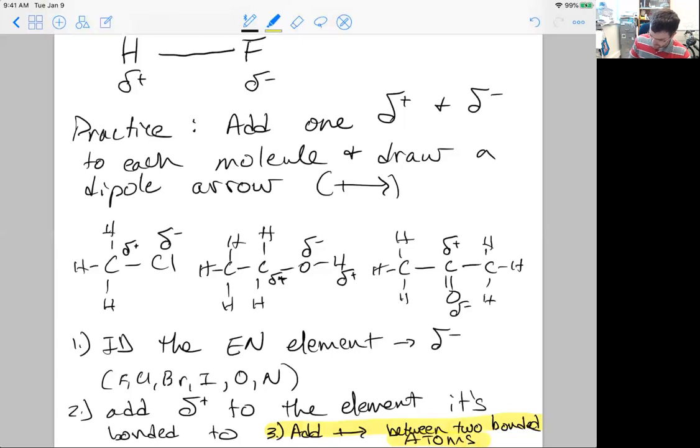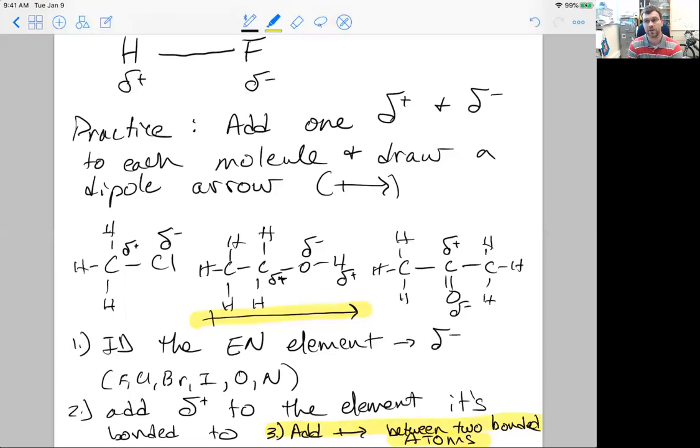I rarely get frustrated while I'm grading, but when I see arrows like this, I'm like, I don't know what to do with this arrow, because you're showing a dipole stretching across the entire molecule. And that's a pretty weak dipole if you want to go through multiple bonding effects. And it's not what we're asking you to do at this point in the semester.